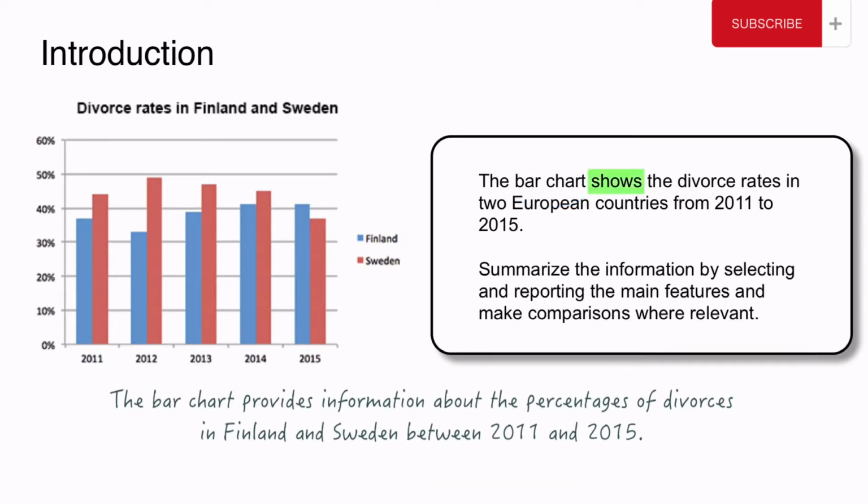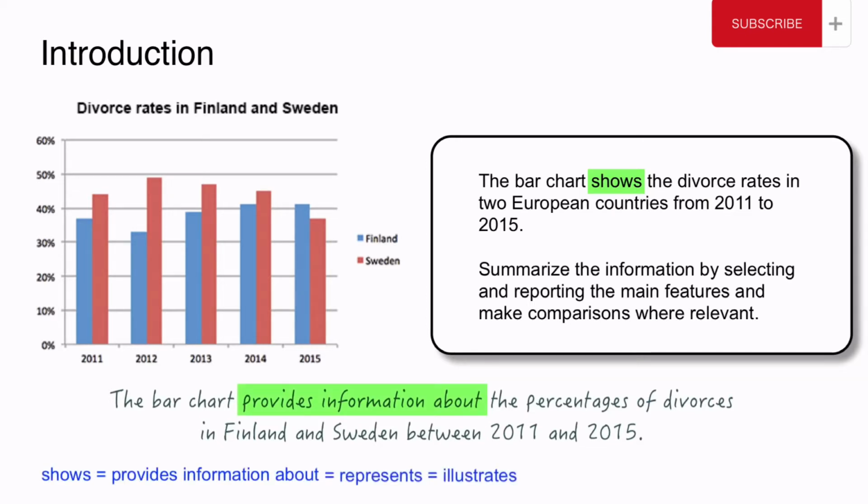Next we have the verb shows, and verbs can always be paraphrased. In our case, the verb shows was replaced by provides information about. We could also use such synonyms as represents or illustrates.